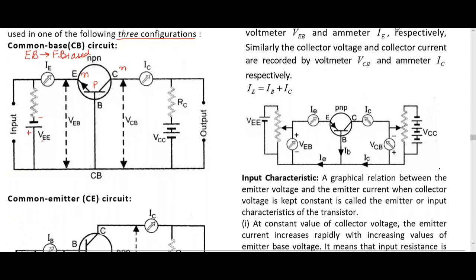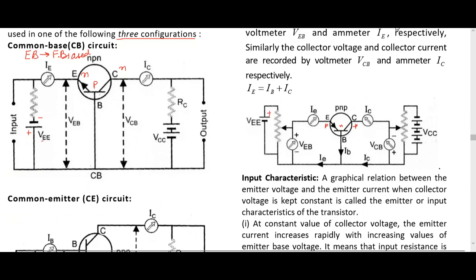For example, this is P. I am taking the common base PNP circuit and making you understand its biasing. P should be connected with positive. Here it is connected with positive through this.